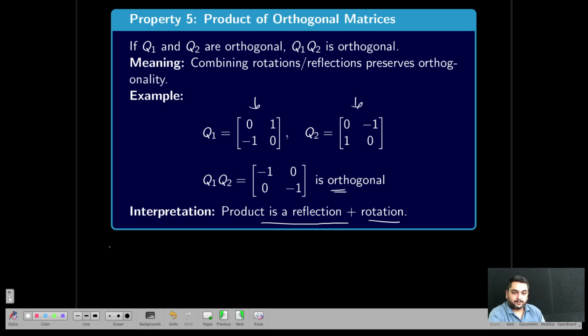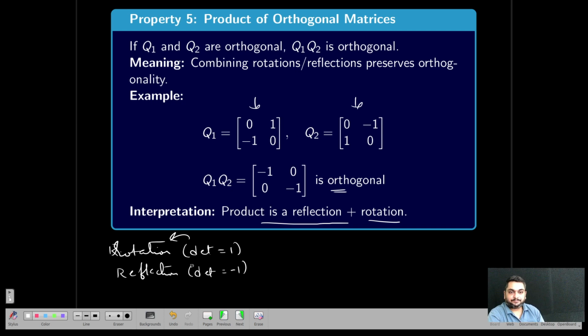One is rotation, already seen the rotation matrix, and the other one is the reflection. So if I take an orthogonal matrix where the determinant is equal to 1, then it implies rotation, rotation by some angle. Reflection means when the determinant is equal to -1. Reflection means it is just changing the direction.